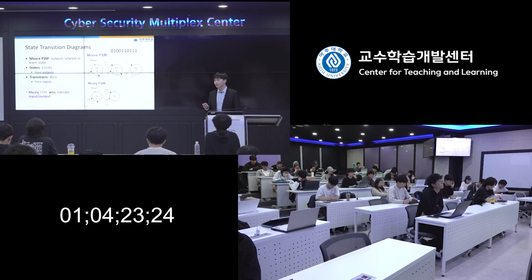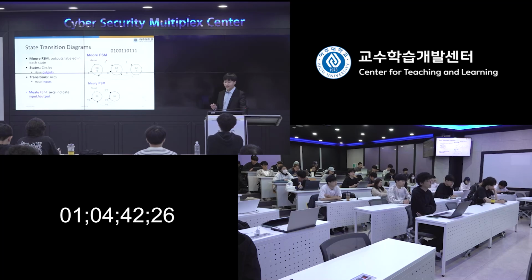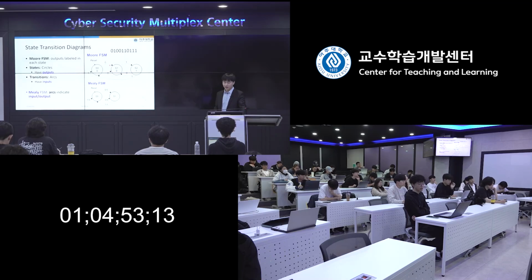The first thing is to get the input and output, which we already did. Then draw the state transition diagram. For Moore FSM, you can get this state transition diagram. We have a state circle, the state inside the circle has the output, and the transition arcs have the input.